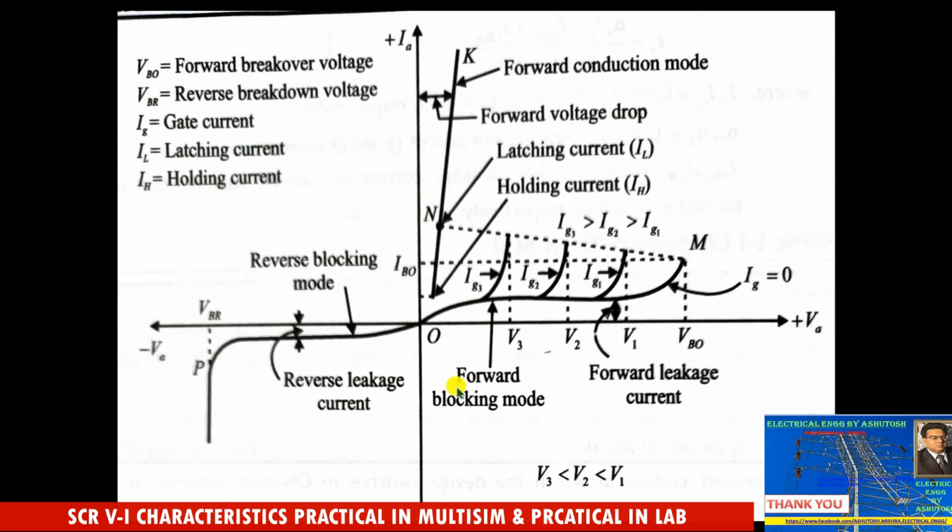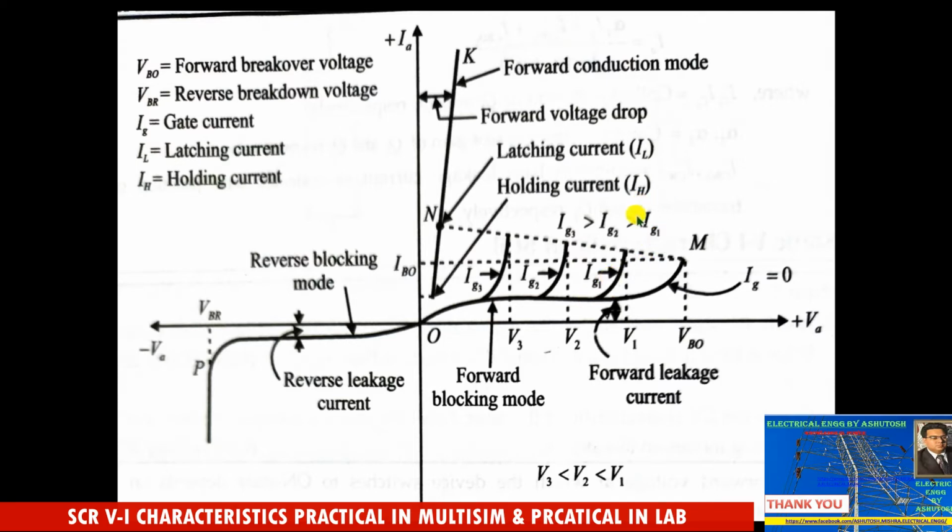And the second method is when you provide gate current. As you can see here, this is Ig1, so less voltage is required. Then you provide Ig2, where Ig1 is smaller, Ig2 is greater, Ig3 is greater than Ig2. For Ig1, very little current is supplied.